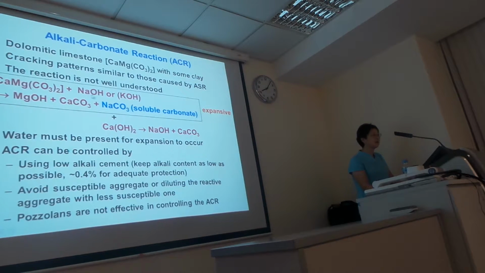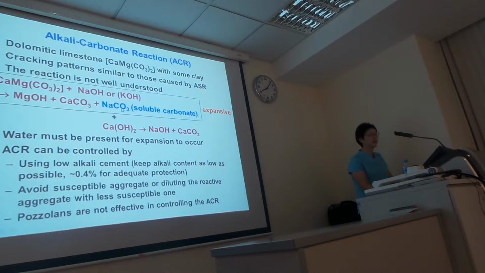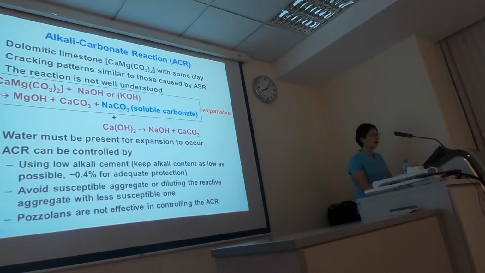with sodium hydroxide or potassium hydroxide from cement hydration inside the concrete. It will form magnesium hydroxide, calcium carbonate and sodium carbonate. This sodium carbonate itself is soluble. So this can react with the calcium hydroxide from cement hydration to form sodium hydroxide and calcium carbonate.